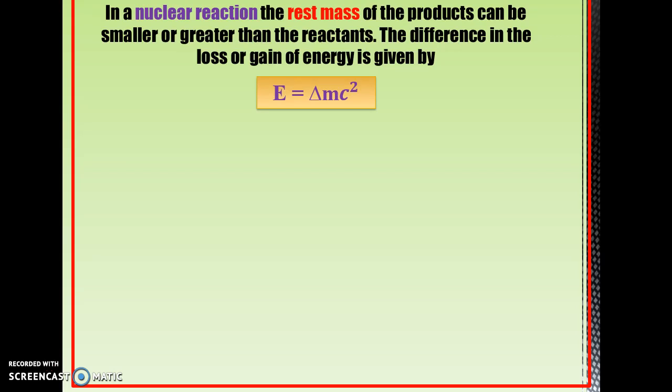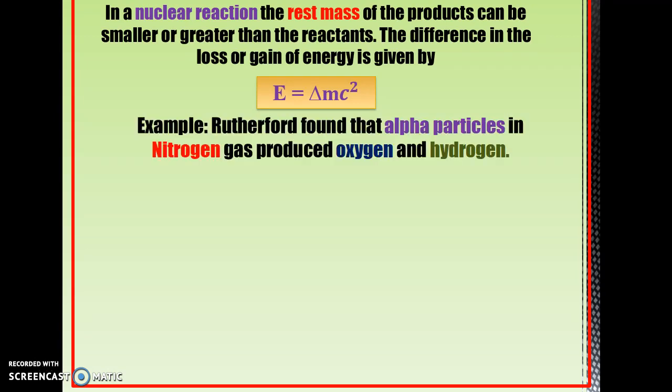So E here is the energy given by the loss or the gain. Delta m is the difference in the mass. And c is the speed of light, 3 times 10 to the 8 meters per second. Don't forget to square. So let's look at this example.